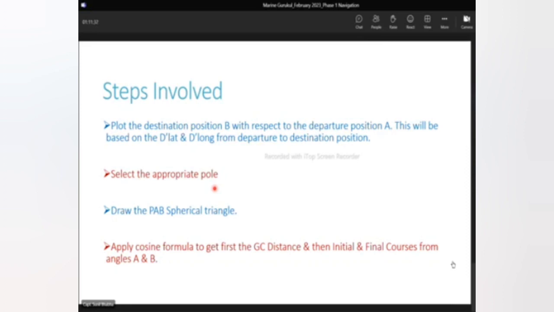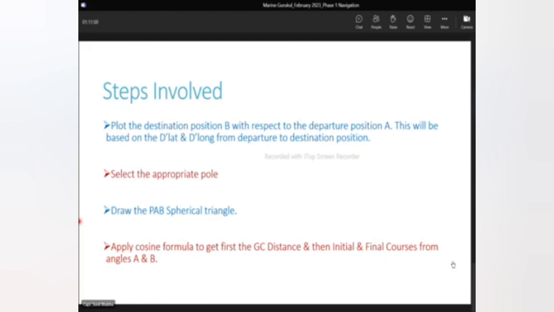Now in case the positions are not in the same hemisphere, you are going from one hemisphere to another. In that case, whichever hemisphere has the higher latitude out of the initial and final position, that pole is used for making the PAB triangle.